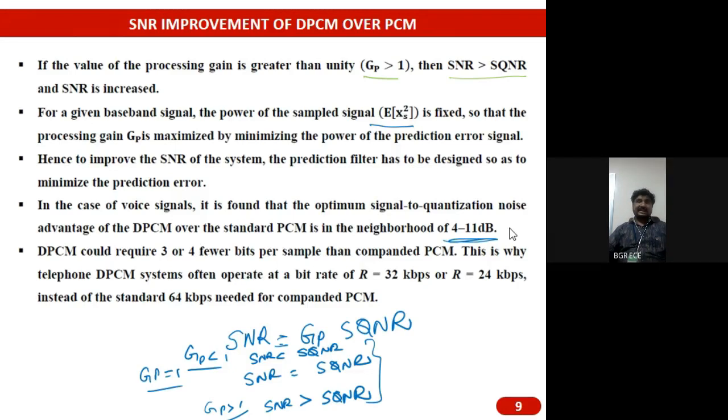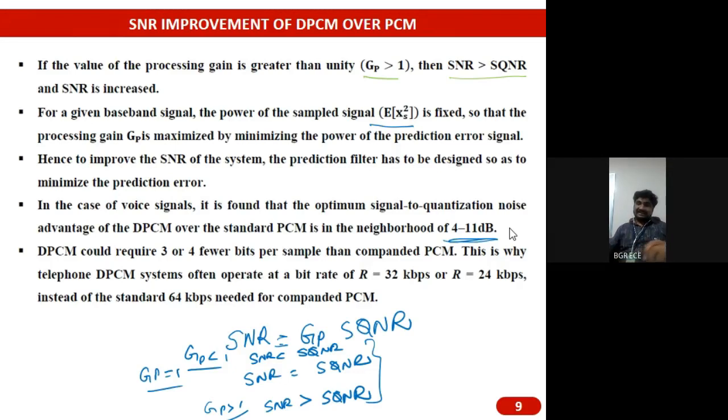And moreover, DPCM requires only 3 to 4 bits per sample when compared to PCM. That's why the conventional landline telephone system, which operates under the PCM technique, uses a standard 64 kilobits per second data rate, whereas DPCM techniques use 32 kbps or 24 kbps data rate systems with the help of these advantages.